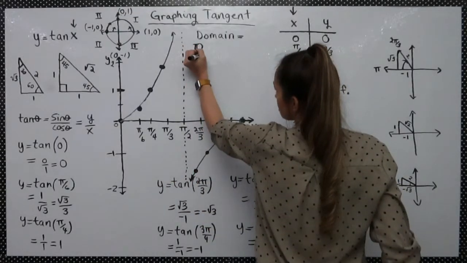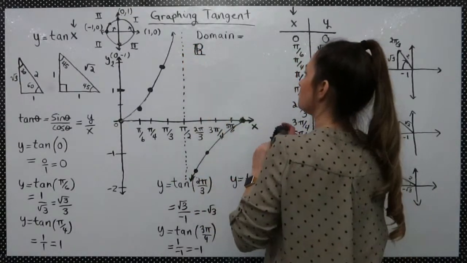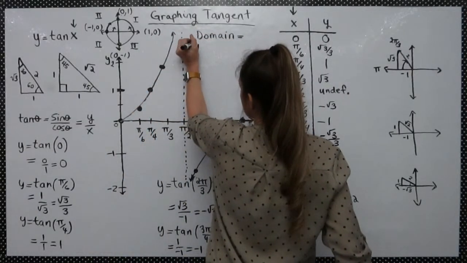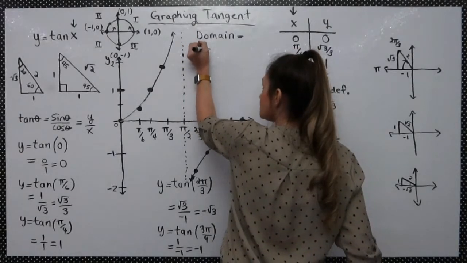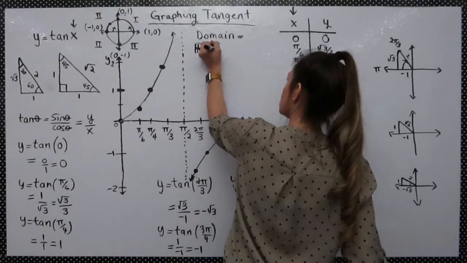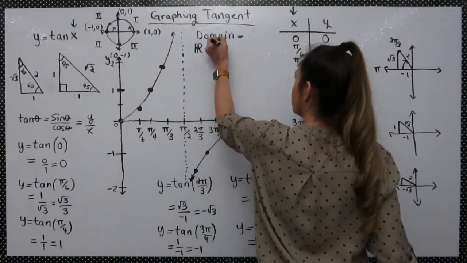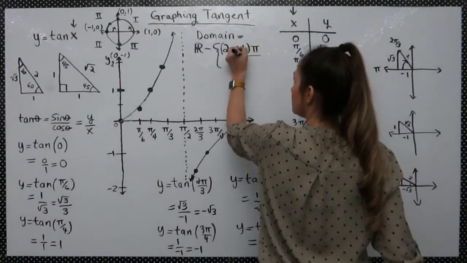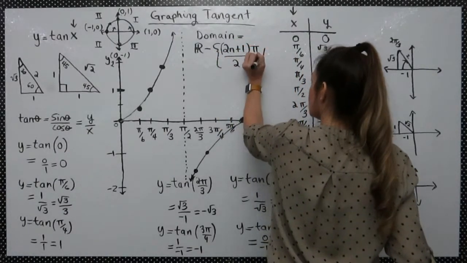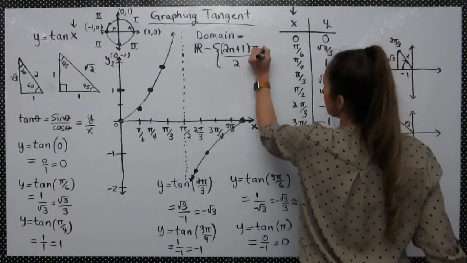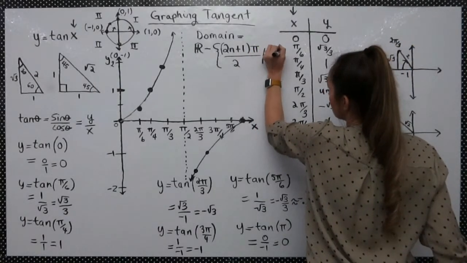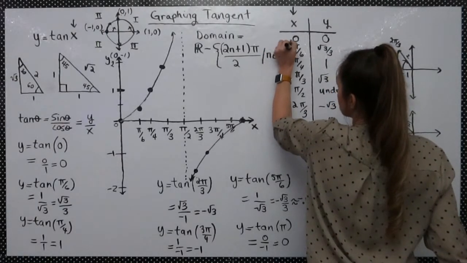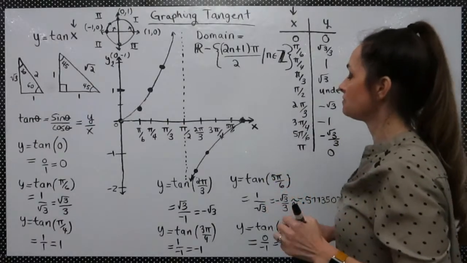So it's the real numbers, a scripted R, a set of numbers called the reals, except for, so your minus, and then you'll have (2n plus 1) times pi divided by 2, and then you'll say such that n is an element of the integers, and then you'll have another scripted Z, and that's how you would represent the domain of this function.